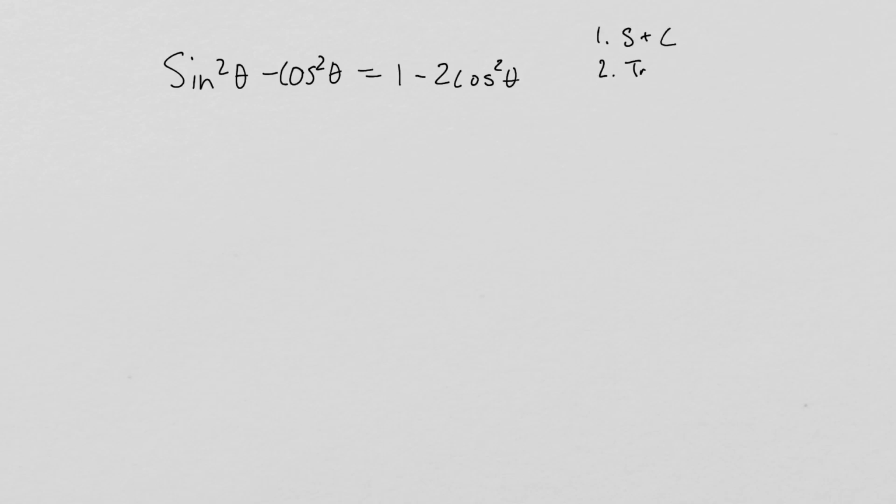And our second step now is the triangle method, the triangle identity. And if you look, we're already in sines and cosines. So my recommendation would always be, look at which side looks more complicated. And our left side looks a little bit more complicated, right? Because we have the sine squared and the cosine squared. So we're going to want to focus on that for our manipulations and try to get the left side to look like the right side.